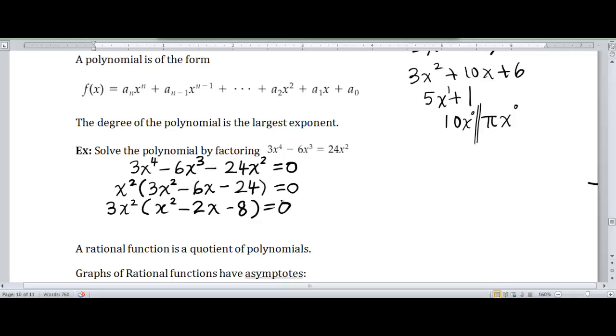And then I can factor this trinomial, this polynomial of 3 terms. Factors of negative 8 that add to give me negative 2 are going to be x minus 4 and x plus 2, right? That gives me minus 2x and minus 8, and I have a 3x squared here. So now each of these is set equal to 0.